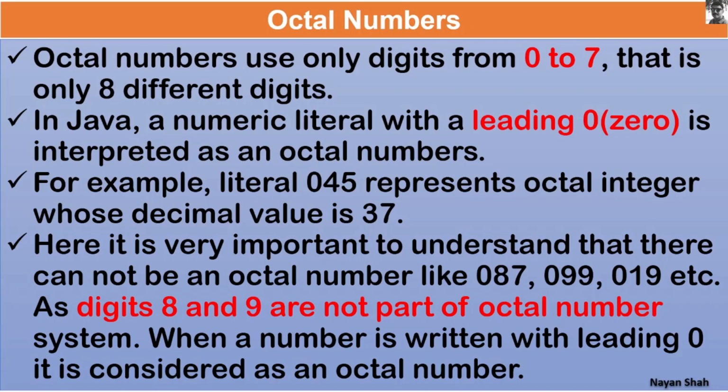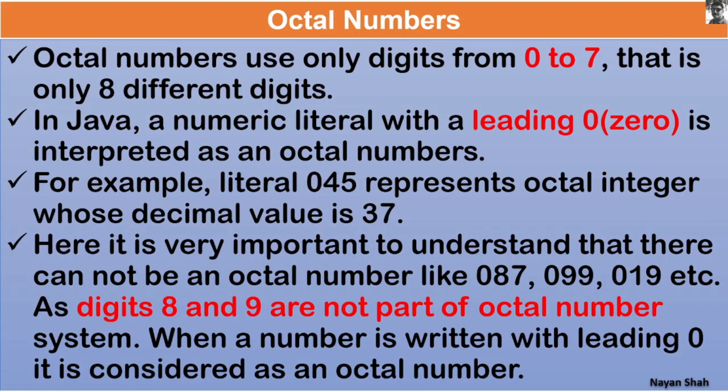Here it is very important to understand that there cannot be an octal number like 087, 099, 019, etc. Are you getting this? Why not? Because octal number system is only from 0 to 7. There is no digit like 8 or 9 in octal number system. So how can 087 be a valid number in Java?